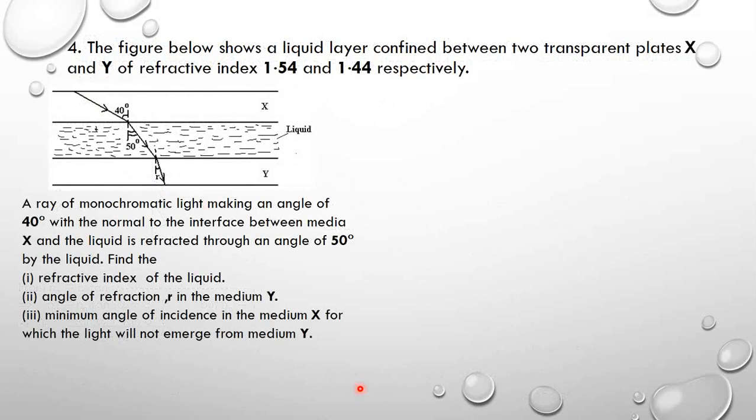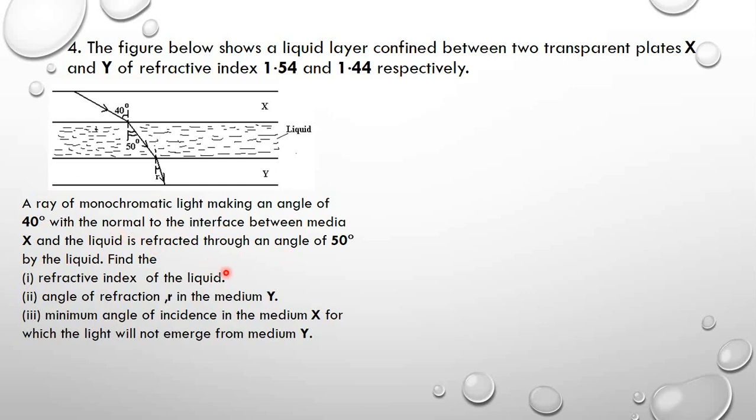Let's look at this question lastly. The figure below shows a liquid layer confined between two transparent plates X and Y of refractive index 1.54 and 1.44 respectively. Now a ray of monochromatic light making an angle of 40 degrees with the normal to the interface between the media X and the liquid is refracted through an angle of 50 degrees by the liquid.